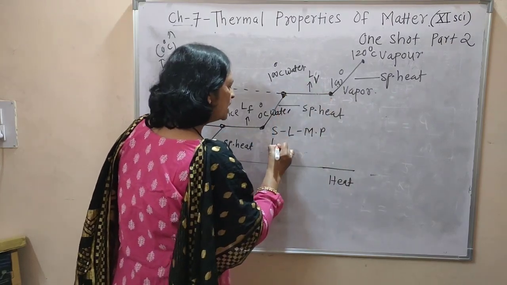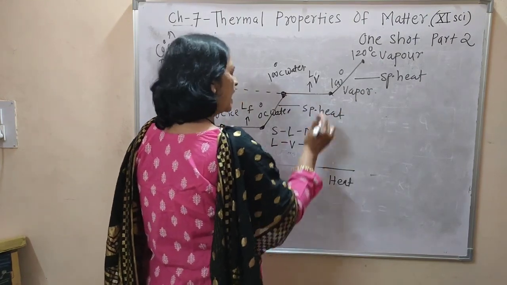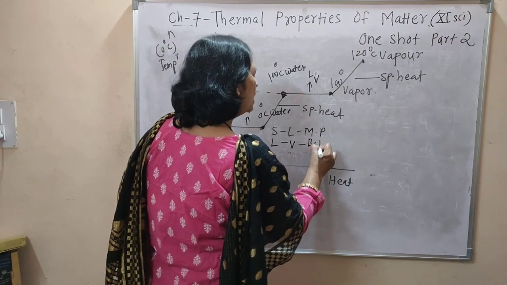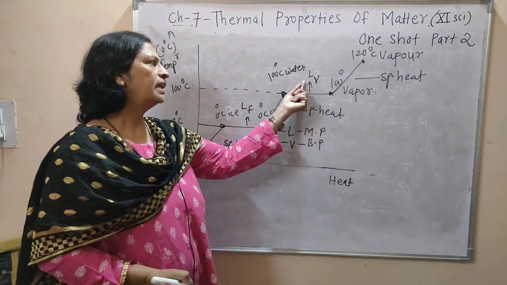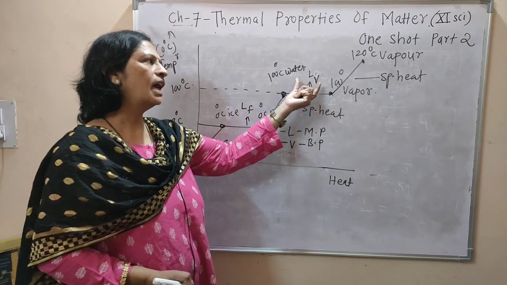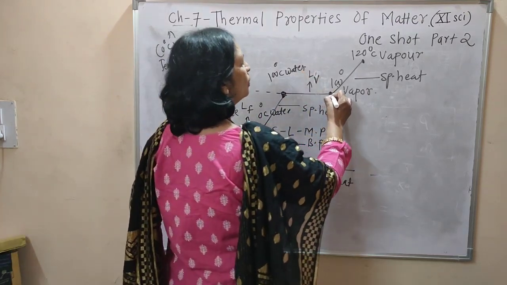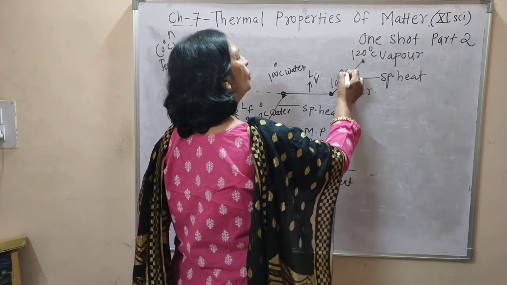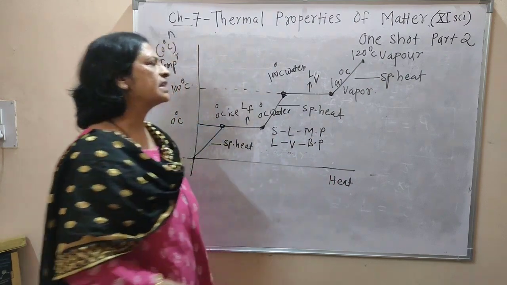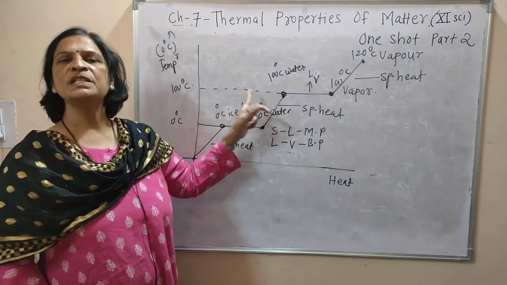Water is the liquid phase, vapor is the gaseous phase, and 100 degree Celsius is the boiling point, and therefore this is the phase change, and at that time this heat is called latent heat of vaporization. Again we have to increase the temperature of this vapor from 100 degree Celsius to 120 degree Celsius. At that time we supply heat, and that heat is called specific heat.